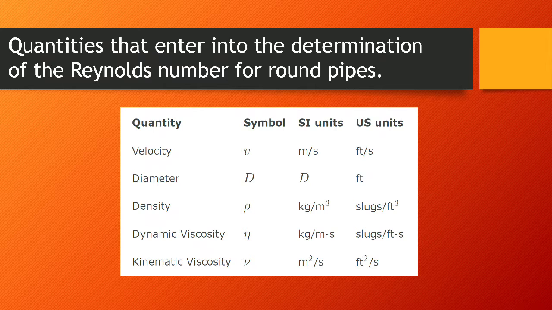Dynamic viscosity is in kilograms per meter-second in SI units, and slugs per foot-second in US units. Kinematic viscosity is in square meters per second in SI units, and square feet per second in US units.